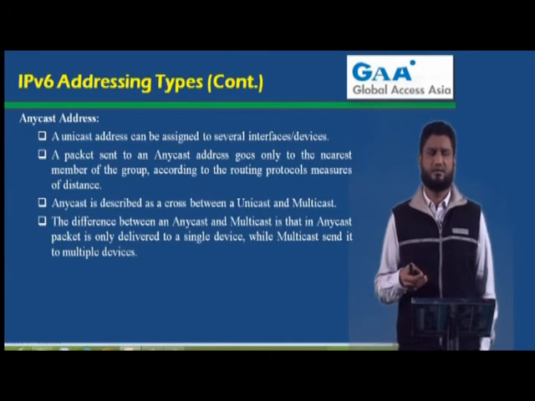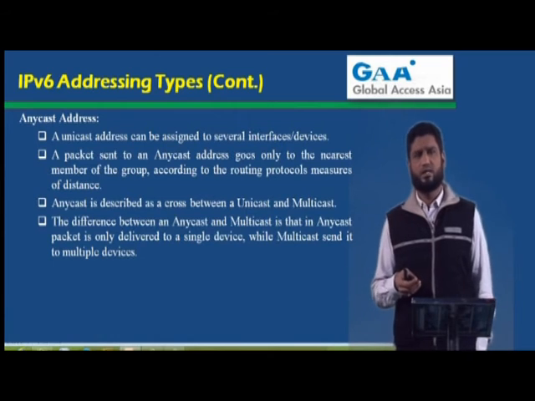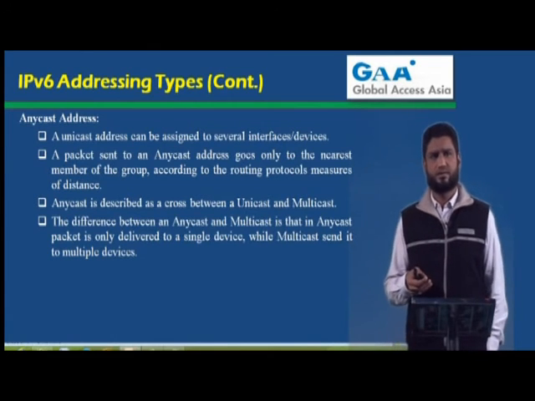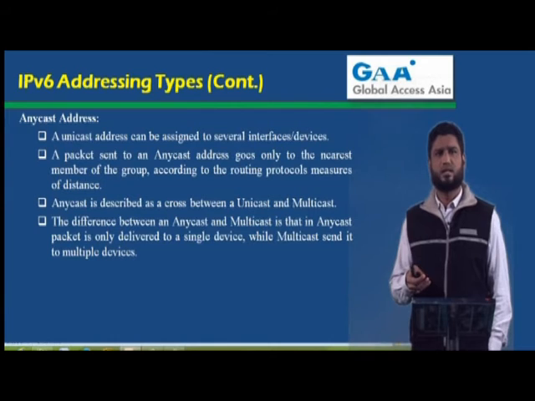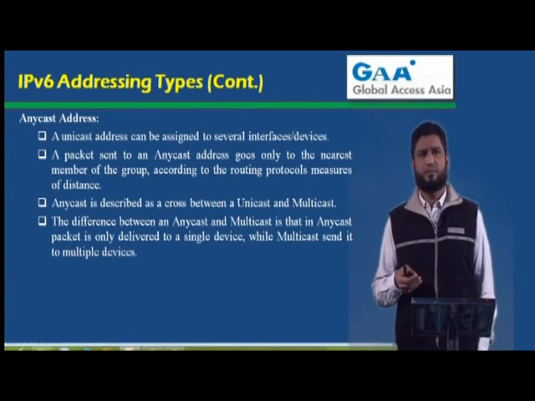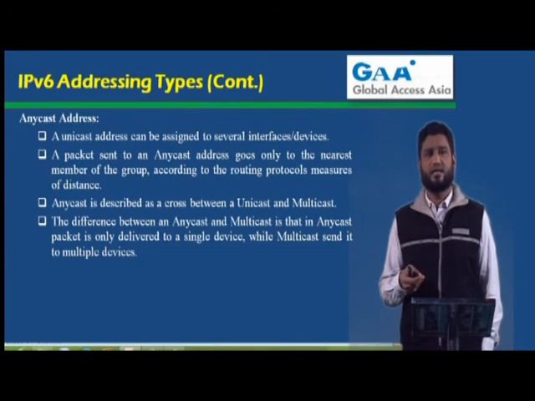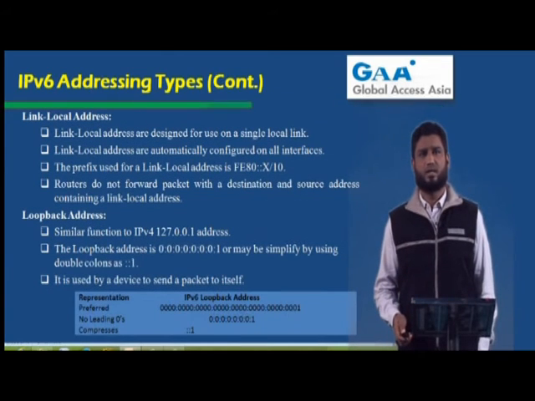Anycast is described as a cross between unicast and multicast. The difference between anycast and multicast is that in anycast the packet is delivered to a single device, while multicast sends it to multiple devices. This is as we discussed earlier about the functional differences between unicast and multicast.